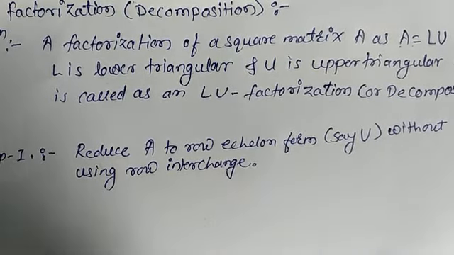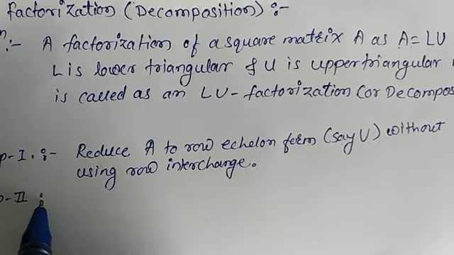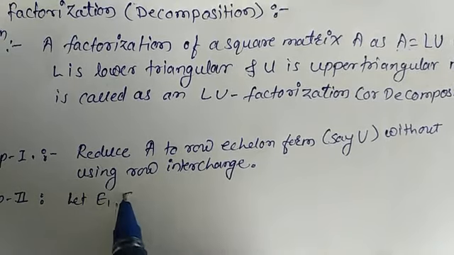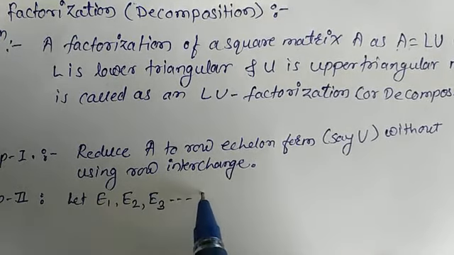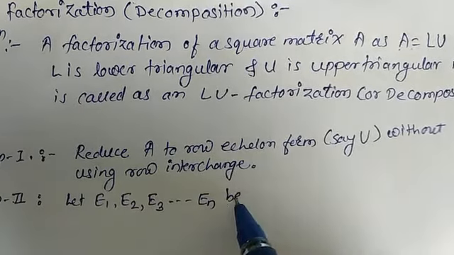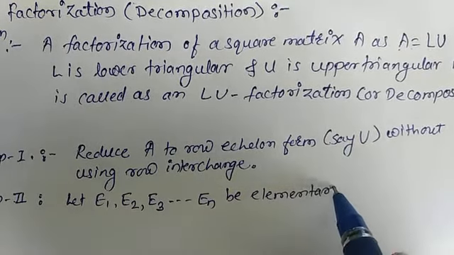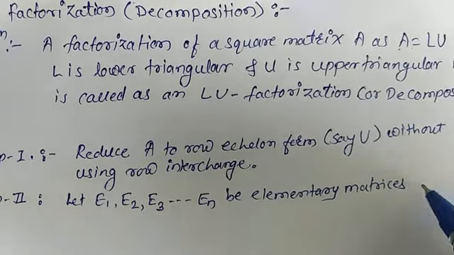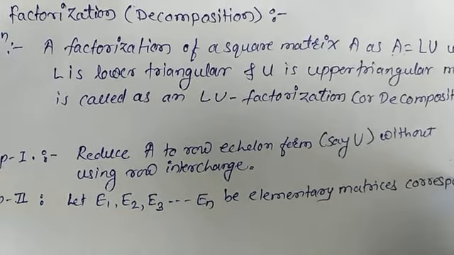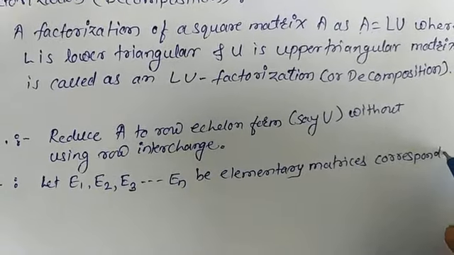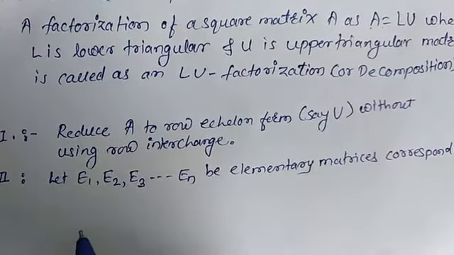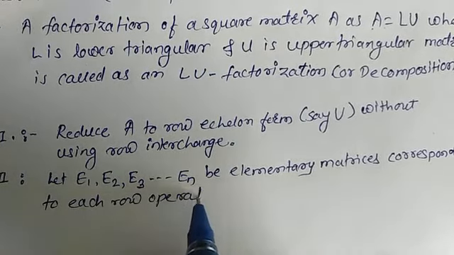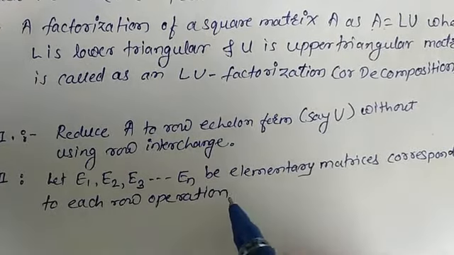Step number 2: let E1, E2, E3 up to En be elementary matrices corresponding to each row operation used in step 1.